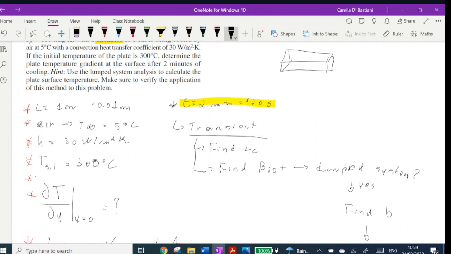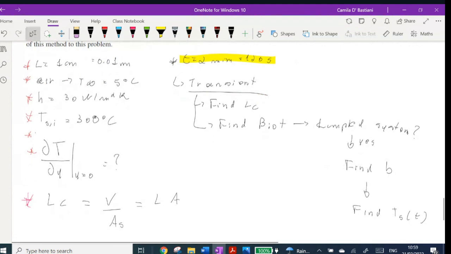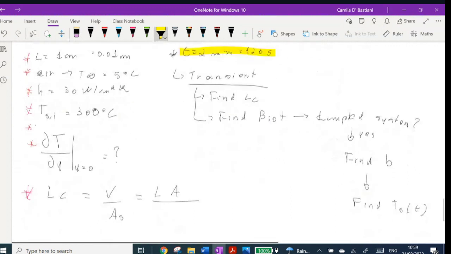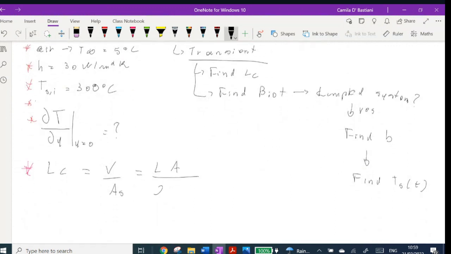So my volume is equal to the thickness multiplied by my area. And my surface area for heat transfer is going to be the sum of the top and the bottom surfaces of the plate, so it's twice my area. Again, my characteristic length is going to be the thickness divided by 2. That's 10 millimeters divided by 2. So my characteristic length is going to be 5 millimeters.